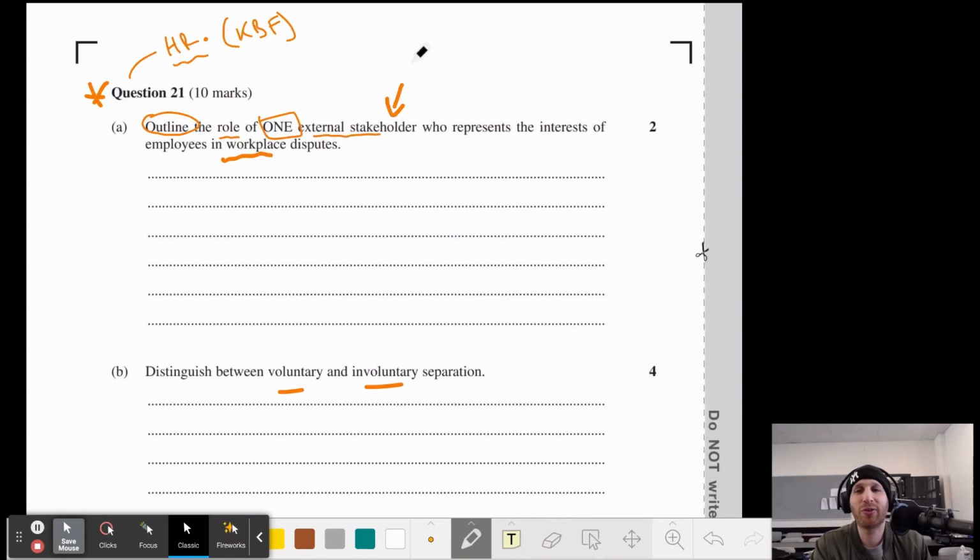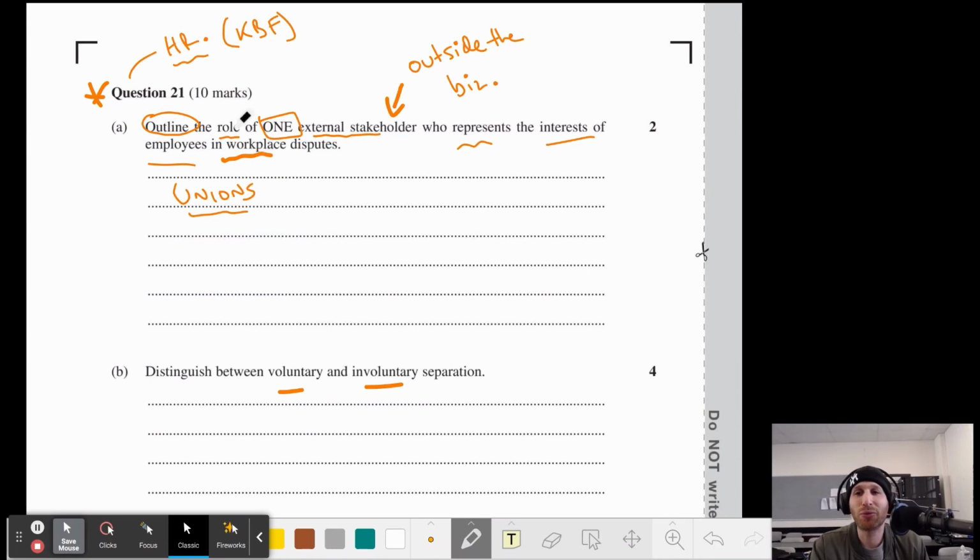Okay, so with external stakeholder, I might just put down, okay, so that is who represents the interests of employees in workplace disputes. Well, that's telling me that they want us to talk here about unions because they are the ones that would be representing employees.